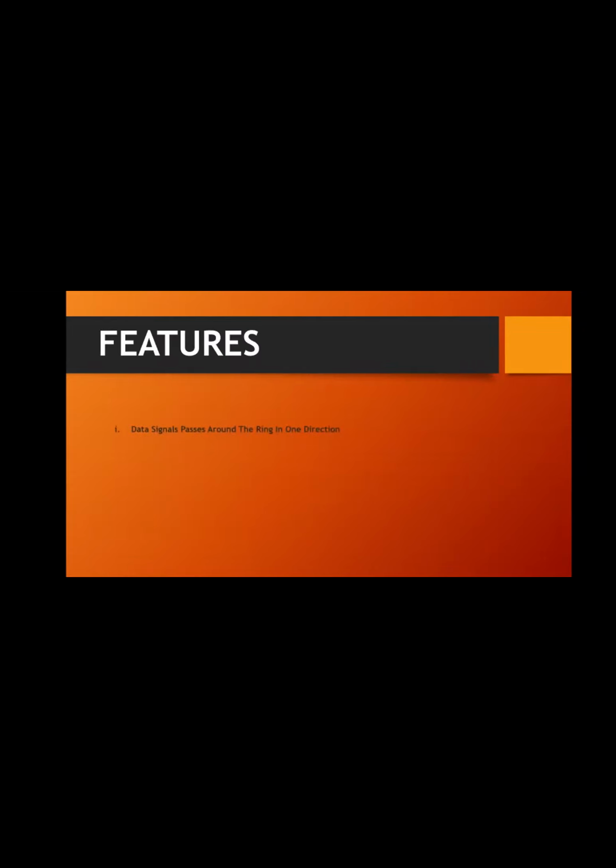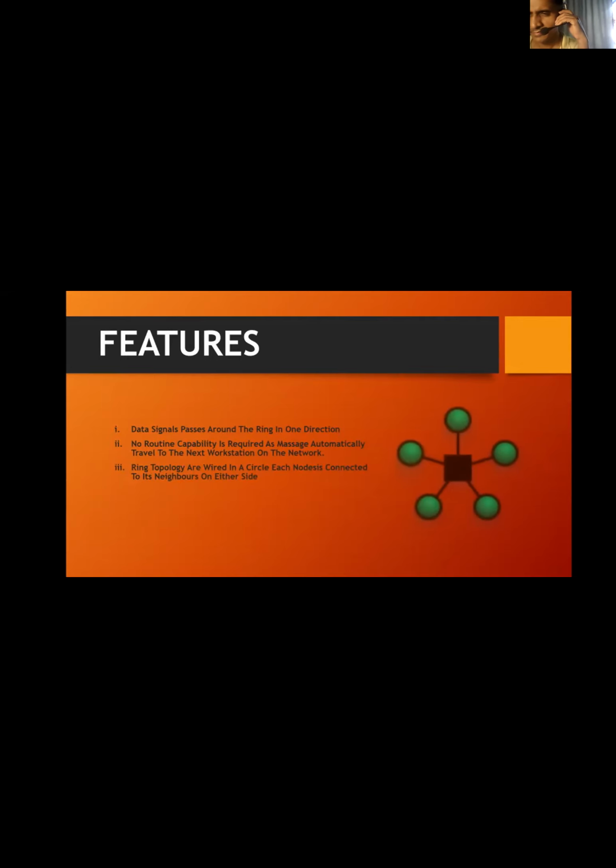Features. Data signal passes around the ring in one direction. Second, no routing capability is required as a message automatically travels to the next workstation on the network. Third, ring topologies are wired in a circle. Each node is connected to its neighbors on either side.